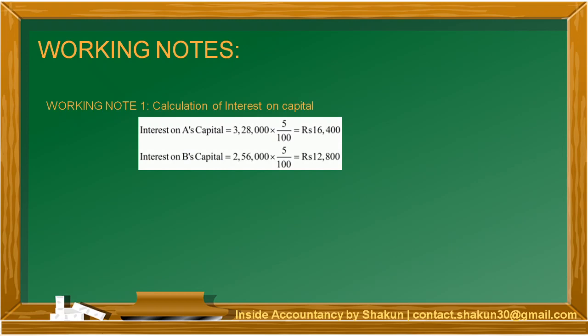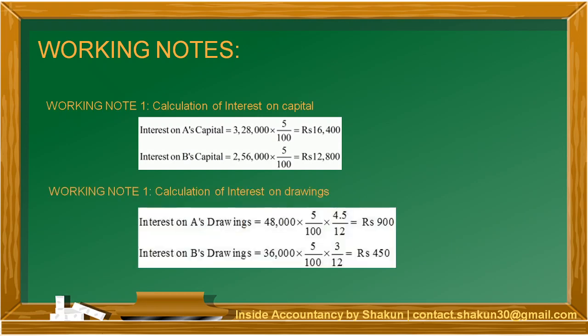Therefore, the interest on capital for A is 16,400 and for B it is 12,800. Then regarding the interest on drawings, 48,000 and 36,000 was the amount of drawings which we ascertained by multiplying by 4 and 2 respectively.